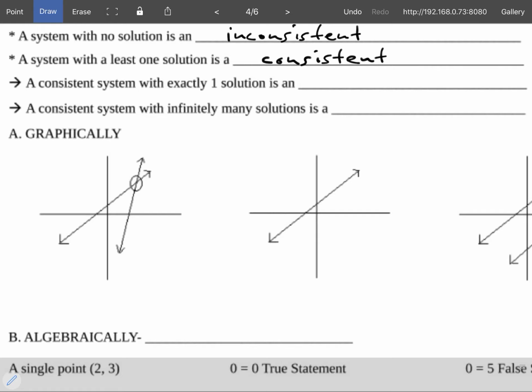Then if it's consistent and it has one solution, that is called independent. And the last one, if it's consistent with infinitely many solutions, it's called dependent.